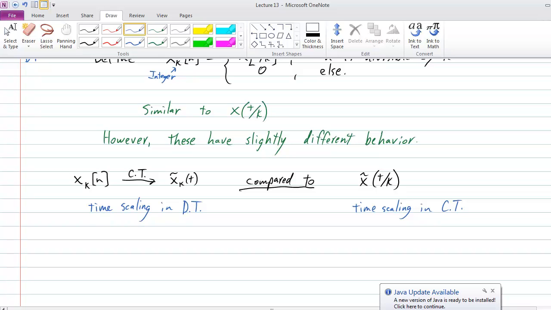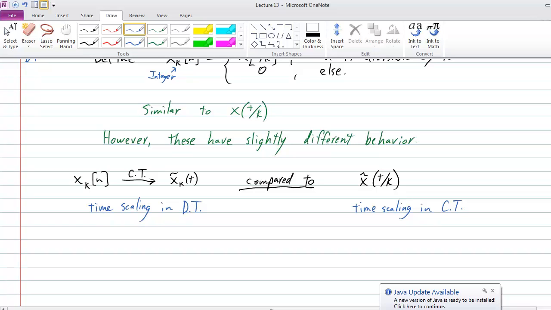And then I use this time scaling property to realize that this actually equals k delta of t minus n t. So in continuous time, when I did the scaling, this equals this equals this. Now notice if I plug this substitution back up here, then I get almost the same thing.